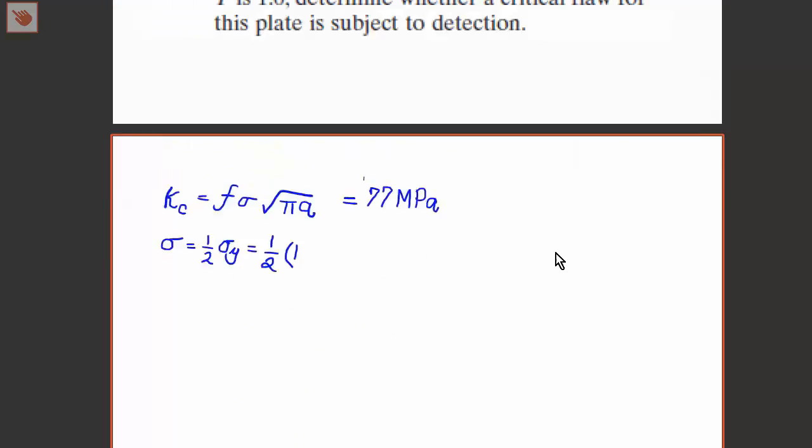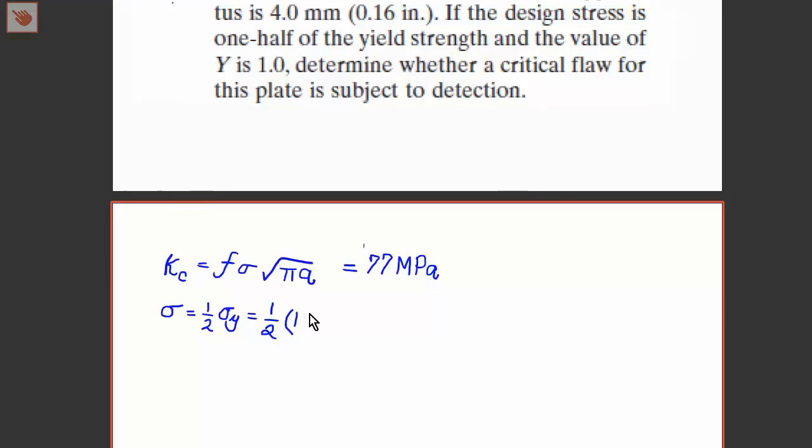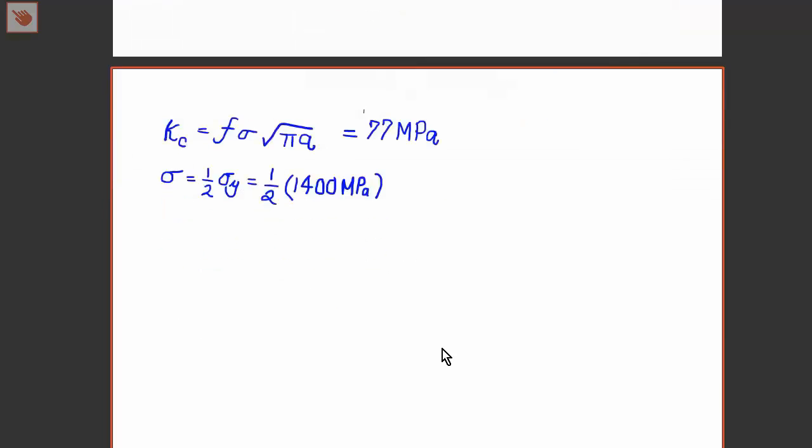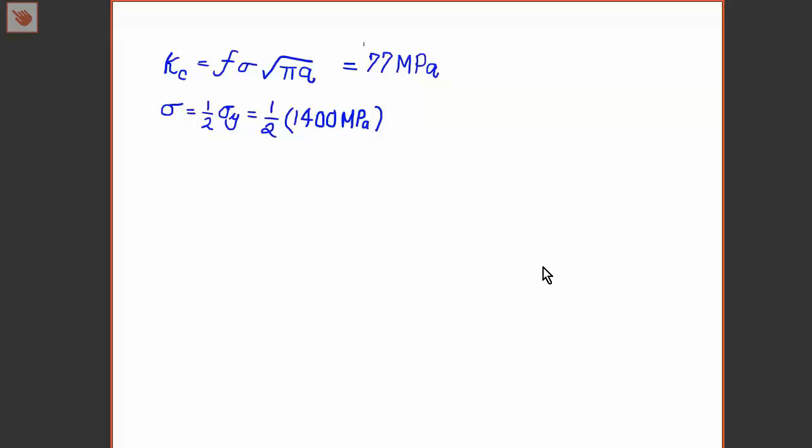So we've got 700 megapascals. We want to know what's the maximum size of flaw that is allowable in the material with a fracture toughness of 77 megapascals and under a stress of 700 megapascals.